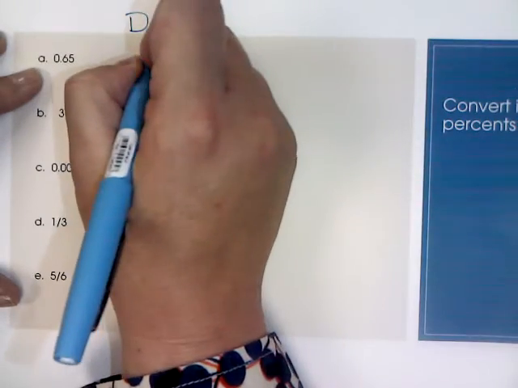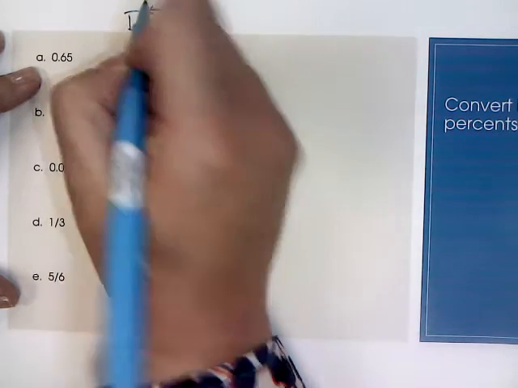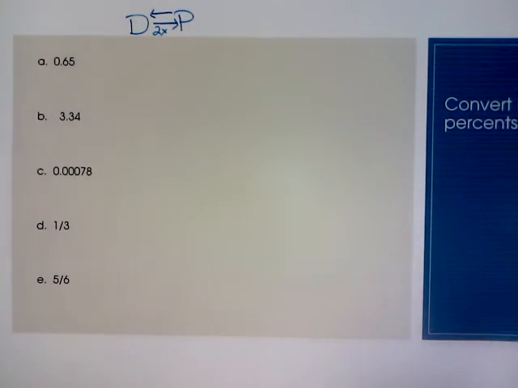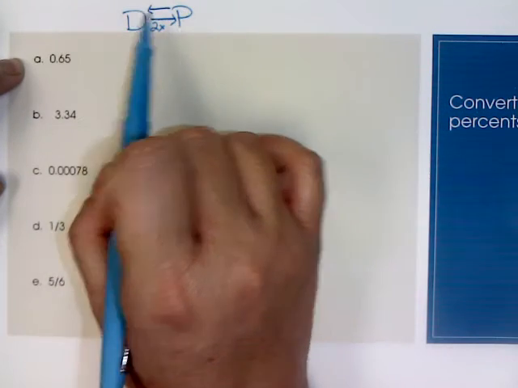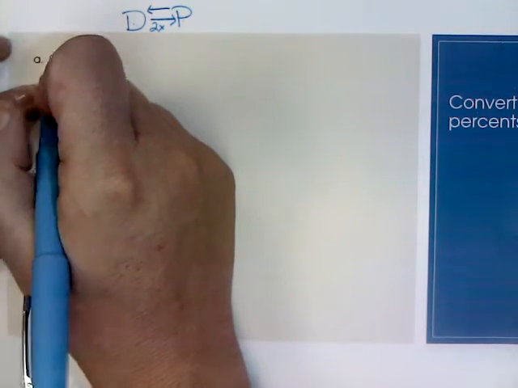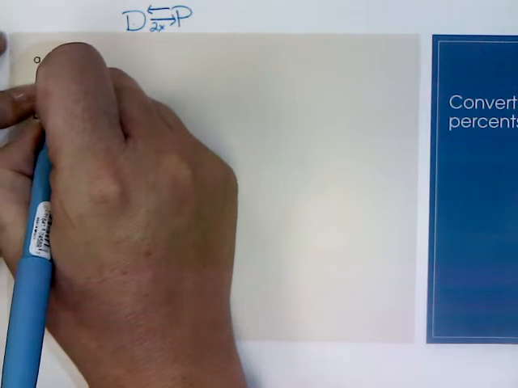This works the same way if I'm given a percent and I want to change that to a decimal. I can change that by just moving my decimal over. So D to P and P to D help me keep my brain organized so I know what I'm doing.